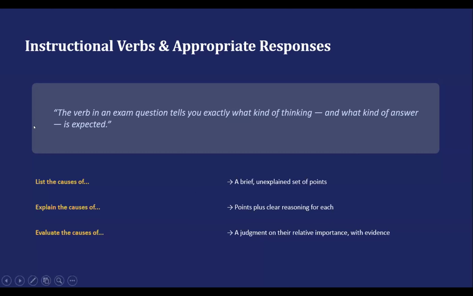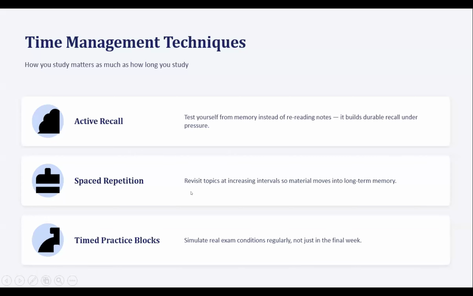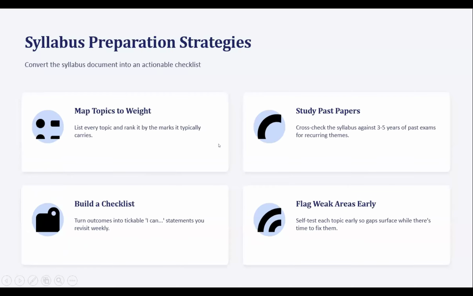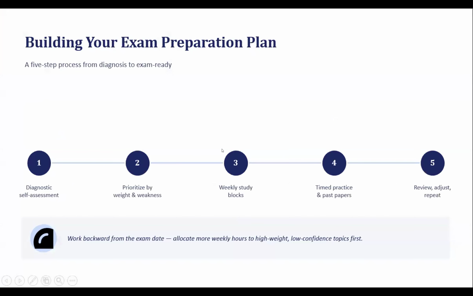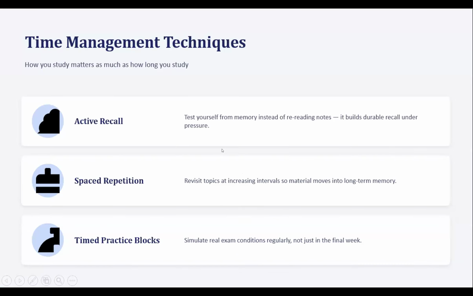And then revisiting topics, what we call spaced repetition. It means you can revisit areas where you flagged yourself or you've realized you are weak. So you can keep repeating the topics or the learning areas.